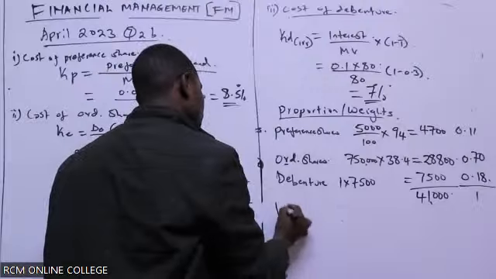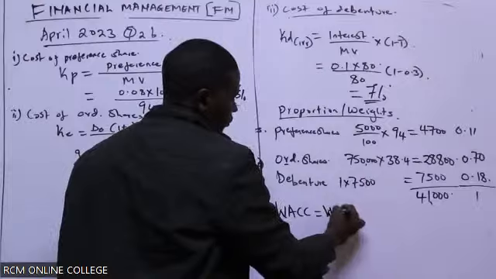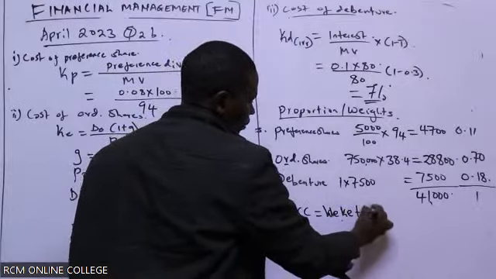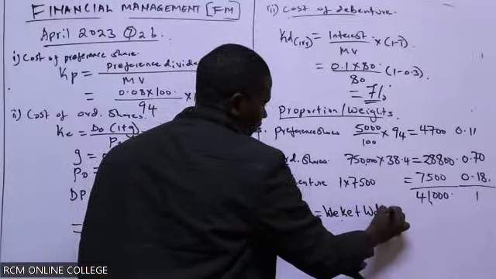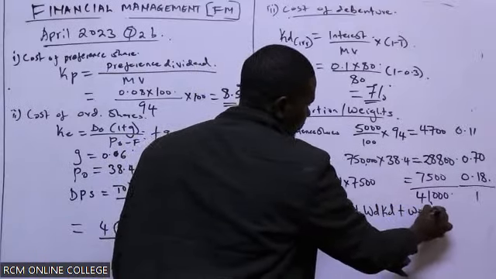So WACC is what they want. It will be weight of equity times cost of equity plus weight of debt times cost of debt plus weight of preference share times cost of preference share.